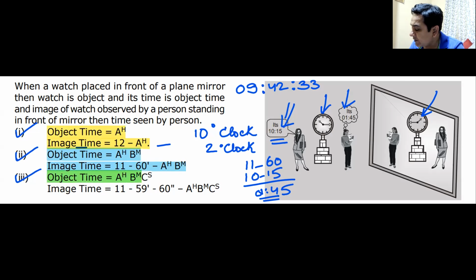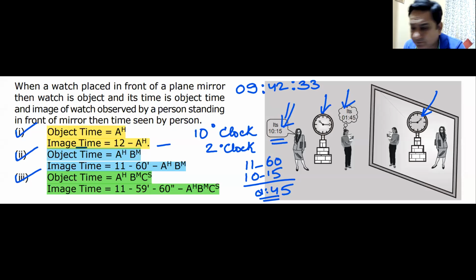If the object time is in hours, minutes and seconds, the image time would be 11:59:60 minus that time. Do we understand this? The yellow, blue and the green one. I'll give you a minute to note it down. Have you noted it down?